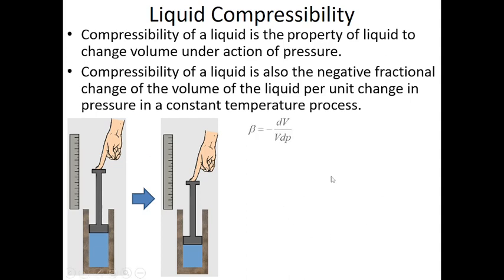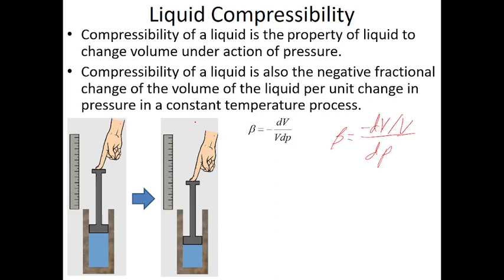Okay? Negative fractional change of the volume of the liquid. So actually, beta is negative dV over V all over dP. Yan ang kanyang formula. Negative dV over V all over dP. So that is compressibility.